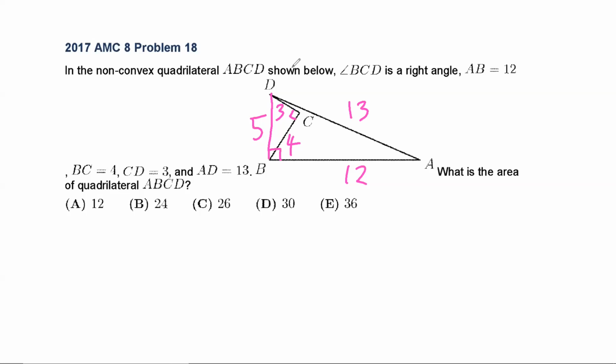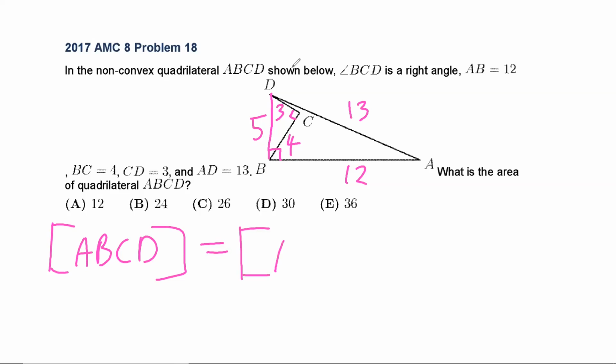And they're asking us for the area of ABCD. These brackets here mean area. So [ABCD] is equal to the area of ABD minus the area of BCD.